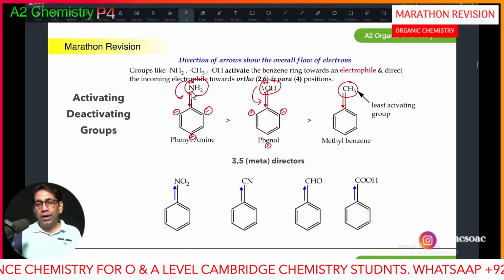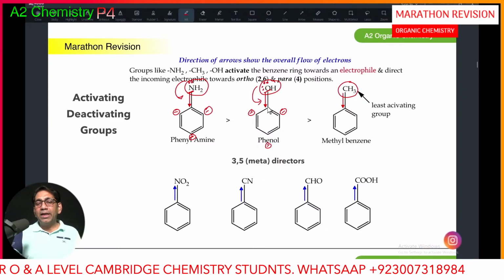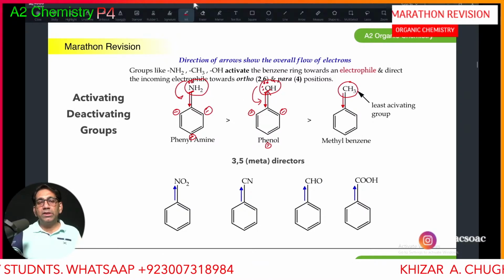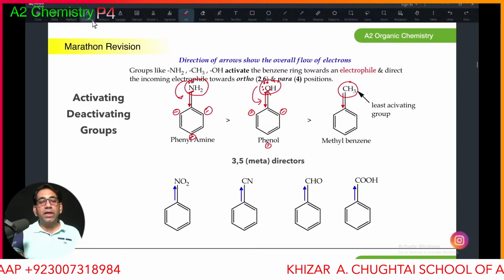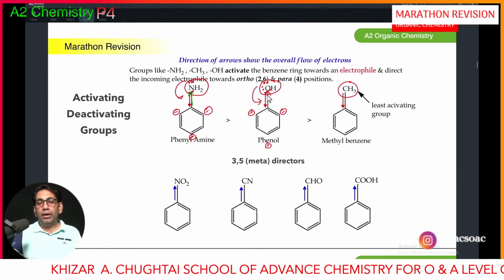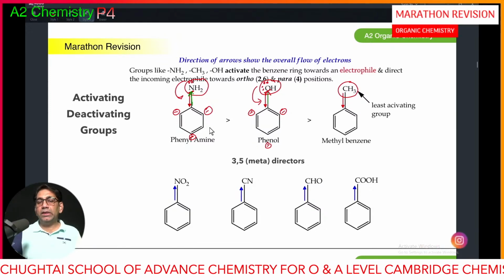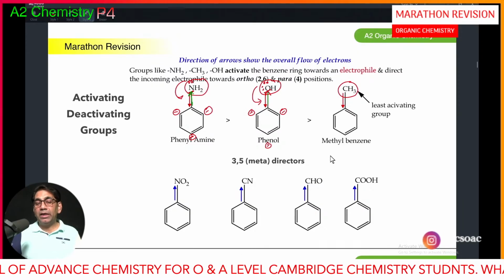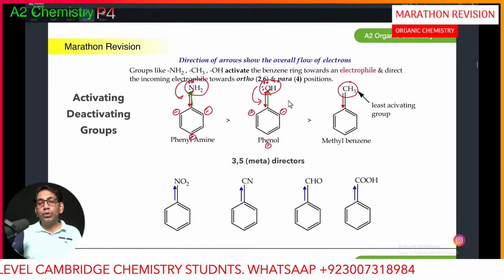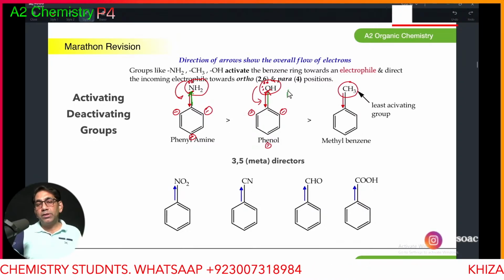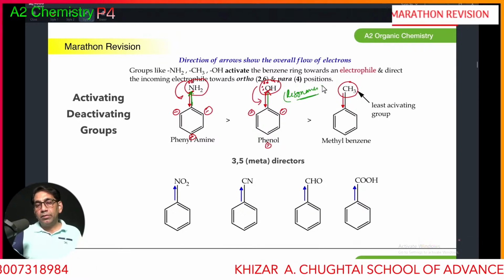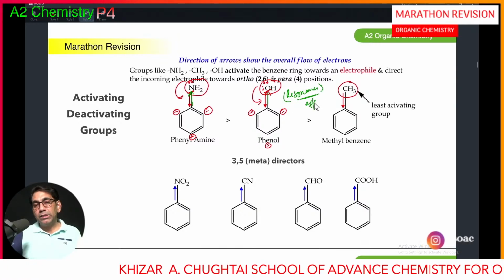This is a nitrogen atom. These are electronegative atoms. Yes, they are snatching the electron towards themselves, but in these three cases, the basic effect is the delocalization effect, that is also known as resonance effect. This is called a resonance effect.